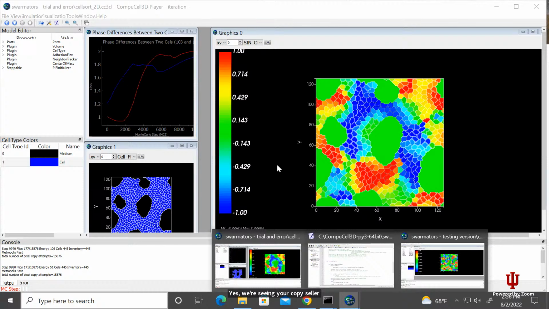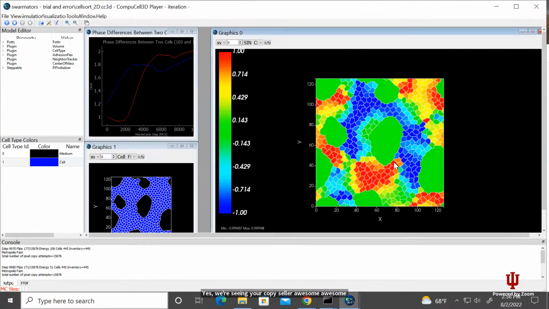Awesome. So basically I have one of the scalar fields up right now for the cells, but I was wondering if there's a way to make sure the medium stays black, so the medium isn't affected by the field.